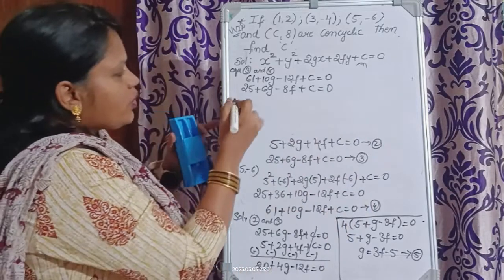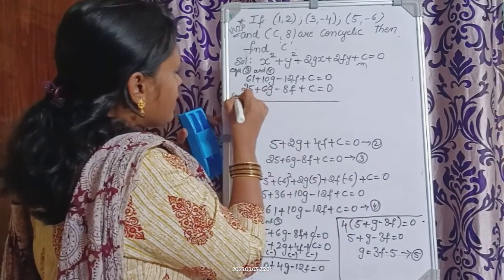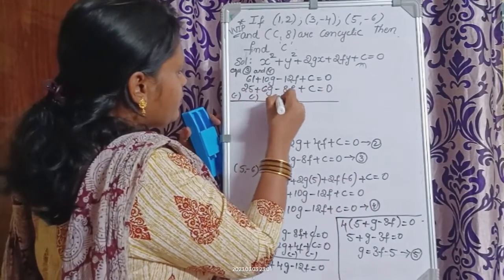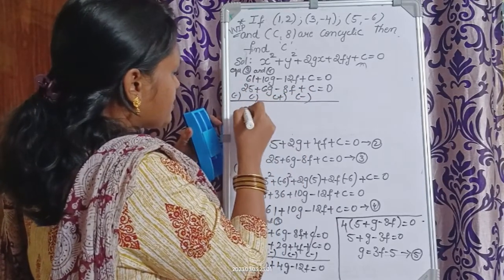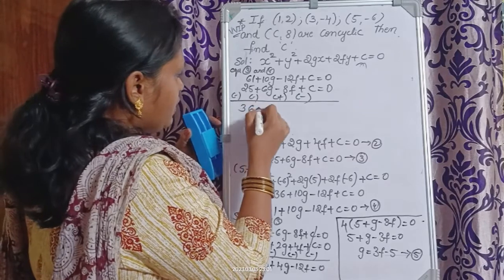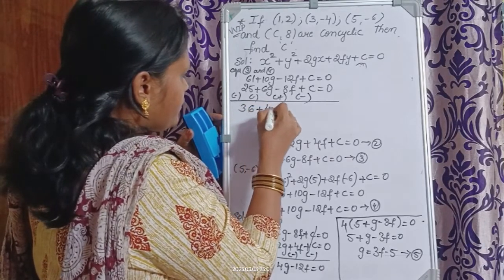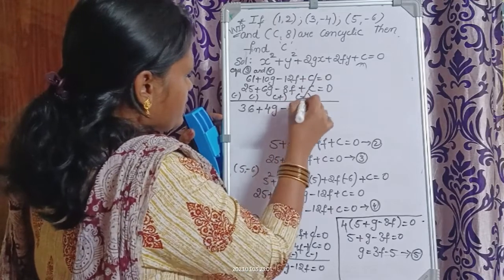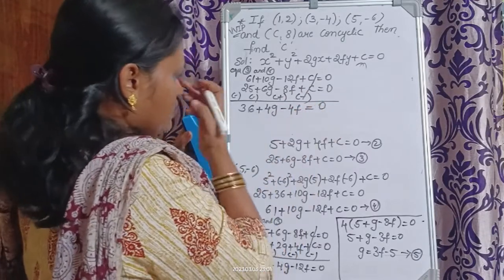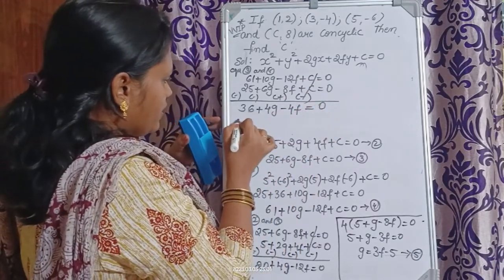Right? Now solving these equations 3 and 4 in a similar way, we get 61 minus 25 is 36 plus 4g minus 4f. Remember, c gets cancelled. So again here, 2 common you can take.